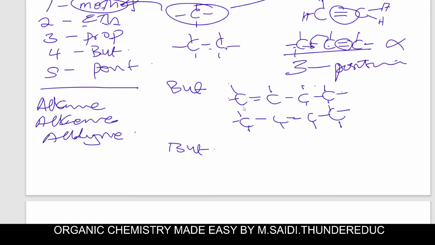But when I go this side, it's on carbon atom number 1. So I'm going to say but-1-ene. A letter and a figure, we separate them with a dash. And then a figure and a letter, we separate them with a dash. But if I have a figure and a figure, then we separate them with a comma.